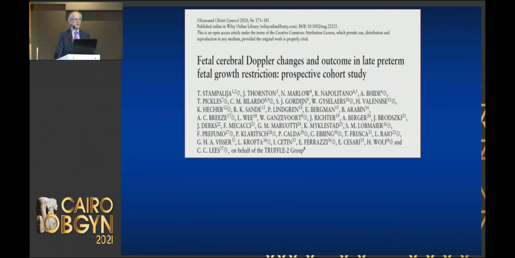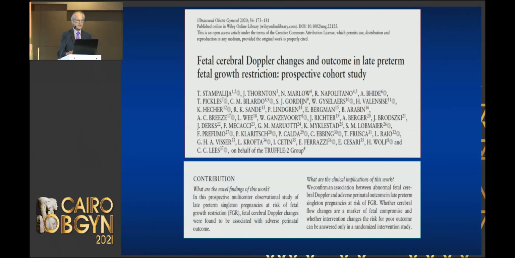Now, first of all, we had this study which was published recently in the White Journal, where we looked at fetal cerebral Doppler changes and outcome in late preterm fetal growth restriction as a prospective cohort study. And you could see that fetal cerebral Doppler changes were found to be associated with adverse perinatal outcome. Now, the important term here is associated. It's not a causality, it's an association.